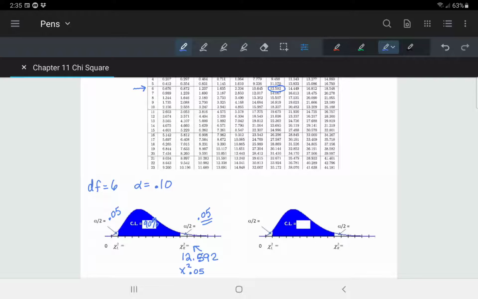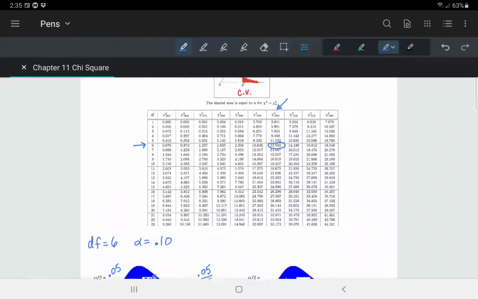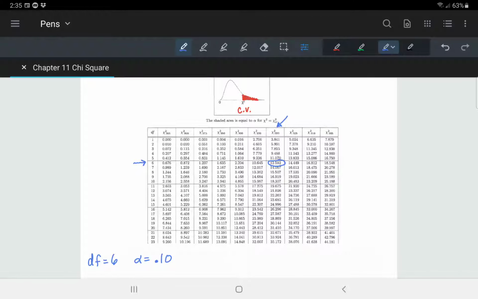Okay. Now, if we're looking for the left-hand one, now the area to the right of this critical value, this means we're looking for the chi-squared, and we want 95% of the data there, because that will be on the right-hand side. Let's find the value that corresponds to that. So we come back up, and we find chi-squared 0.95, which is here.